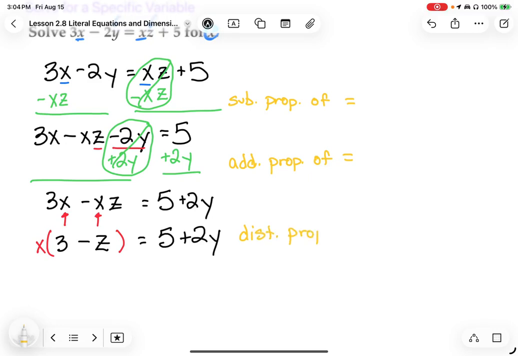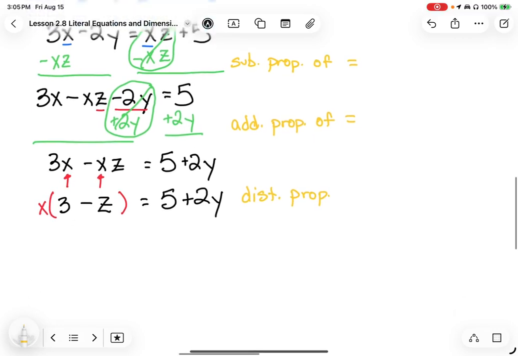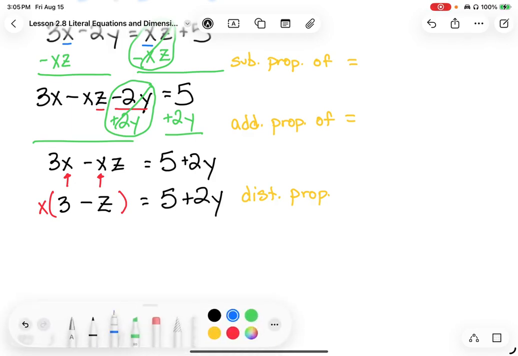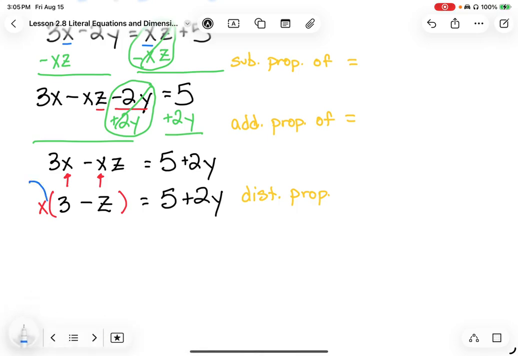Now, believe it or not, we are one step away from the answer, and this step is also pretty cool, because the distributive property is multiplication. So what's going on right here, right in between these two, is multiplication. This is x times 3 minus z. So we're going to do some division here. We're going to divide both sides by 3 minus z.